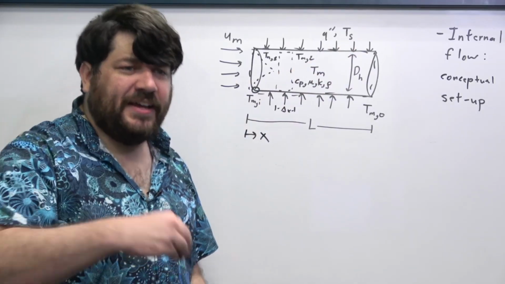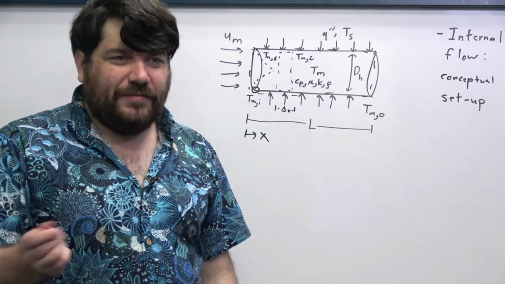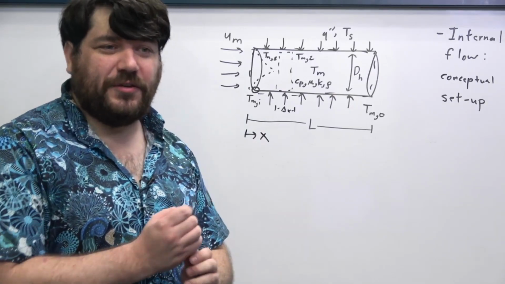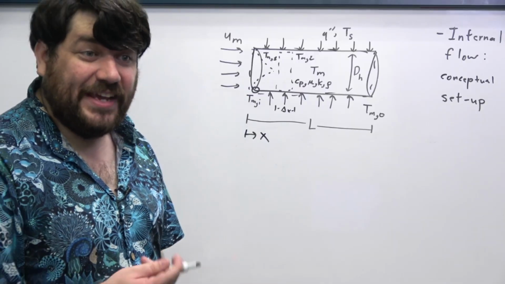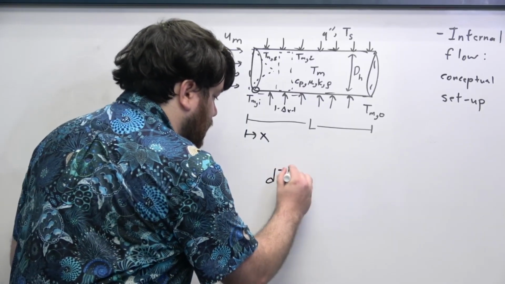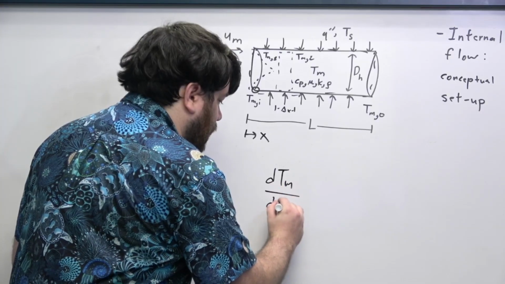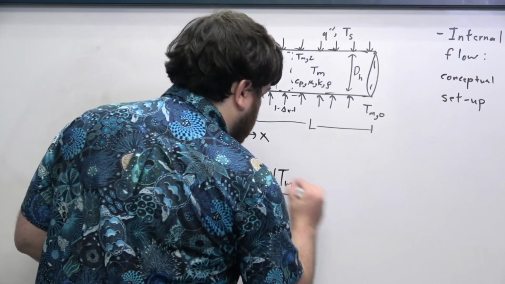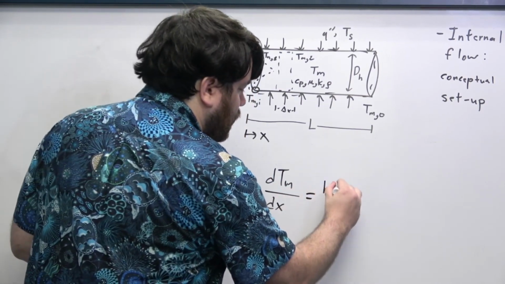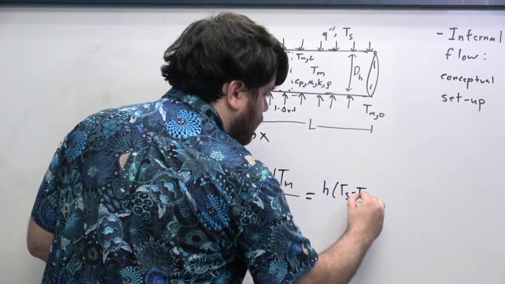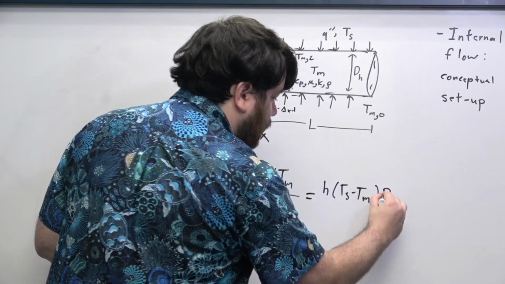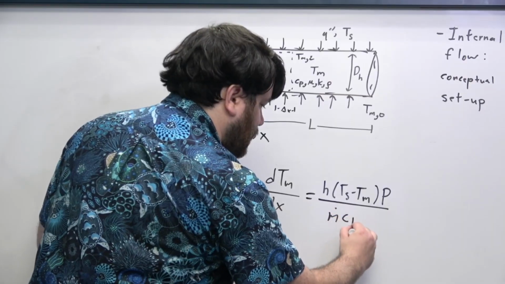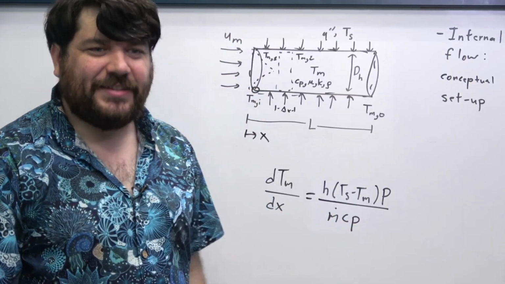So going back, inserting the convection equation that we had written down for q double prime into the original equation that we derived for dTm/dx, we get dTm/dx is equal to h times (Ts minus Tm) times P divided by m dot Cp. That's the equation we got.